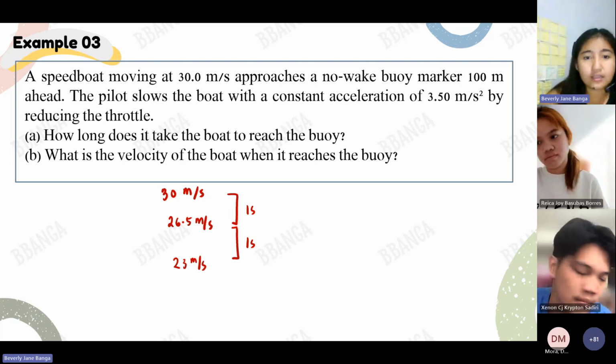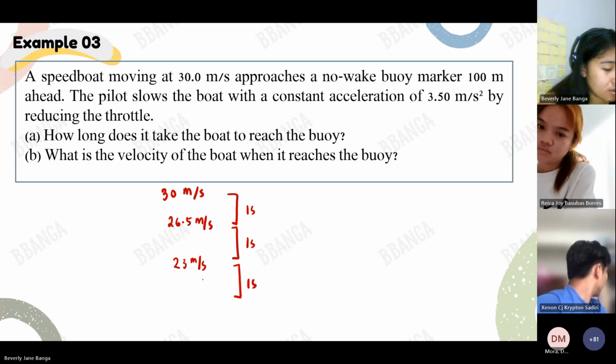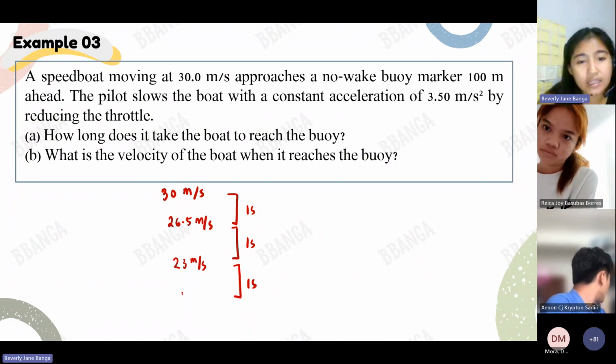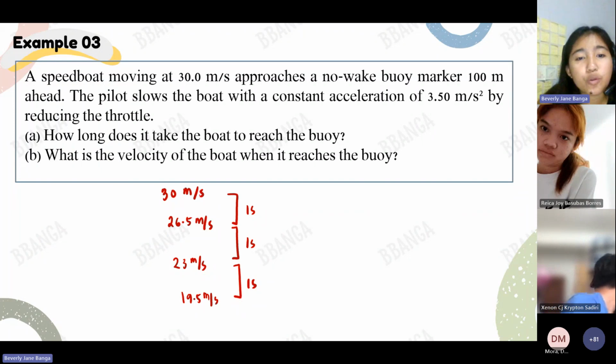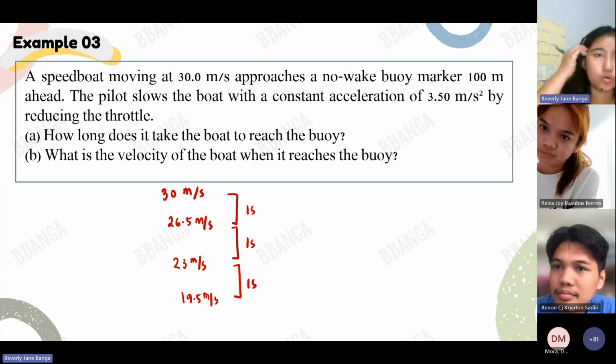Okay? And then next ulit, 1 second, minus 3.5. So, this will give us 19.5 meter per second. Kapag kinompute natin, class, yung difference sa distance traveled in each second, anong makukuha ninyo?